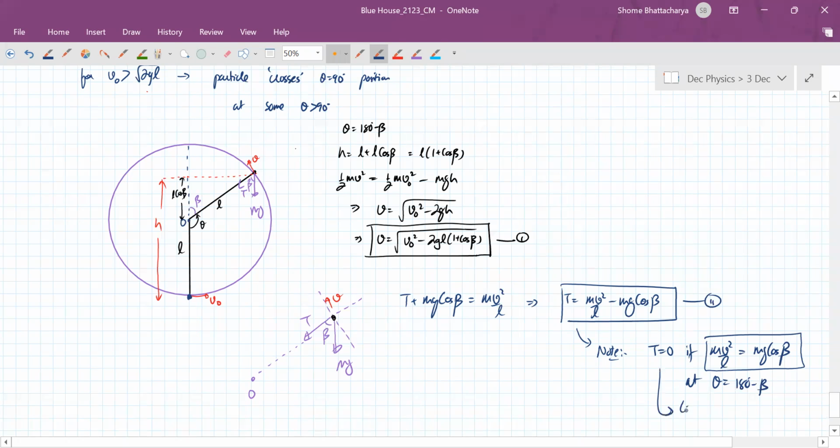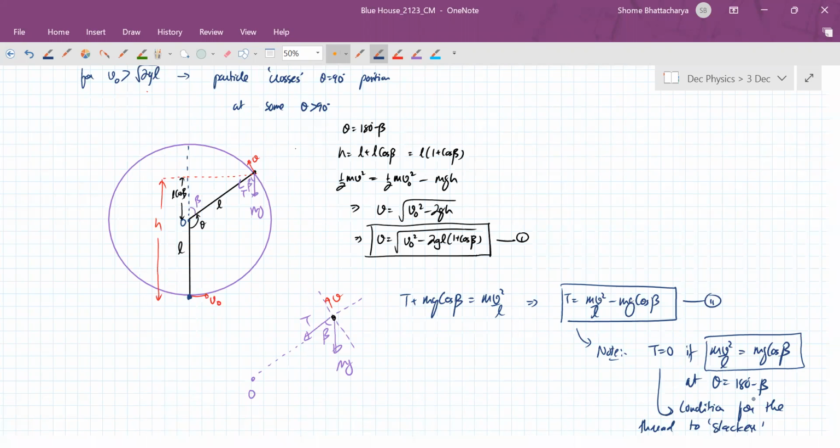This is the condition for the thread or the string to slacken. So if we want to complete the vertical circular motion, we should give initial speed such that this condition does not happen. So as you can see, the value of V is getting smaller and smaller as you're going up, as your theta is increasing.